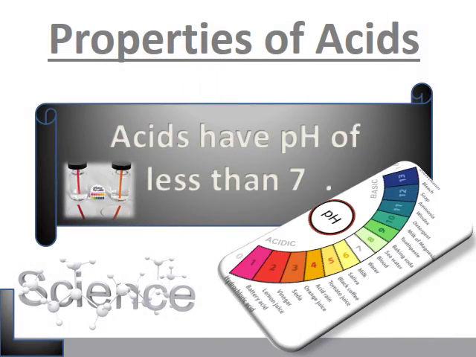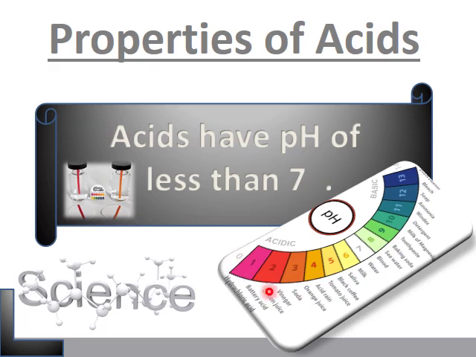So here you can see, dear students, one more property of acid, that acids have pH less than 7. What is pH? It is a scale used to measure whether the solution is acidic or basic. It has numbers from 0 to 14. So among these we can recognize easily.